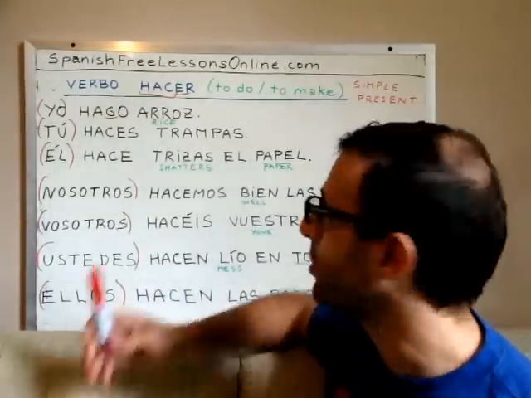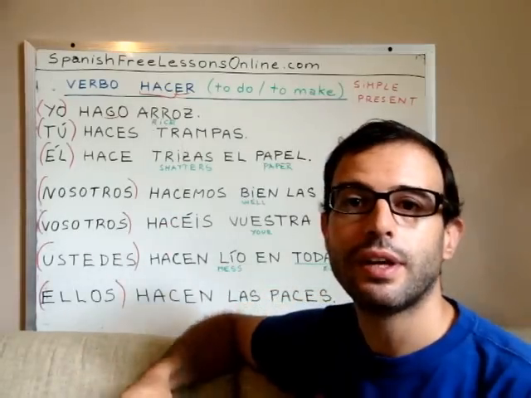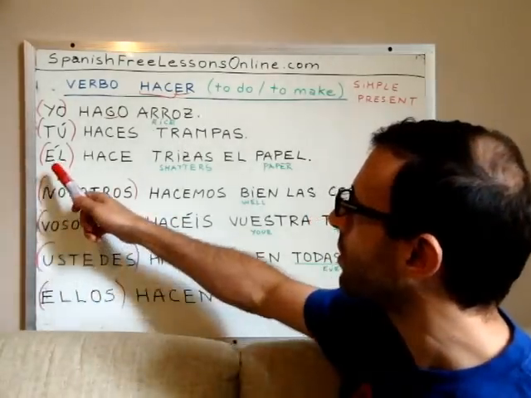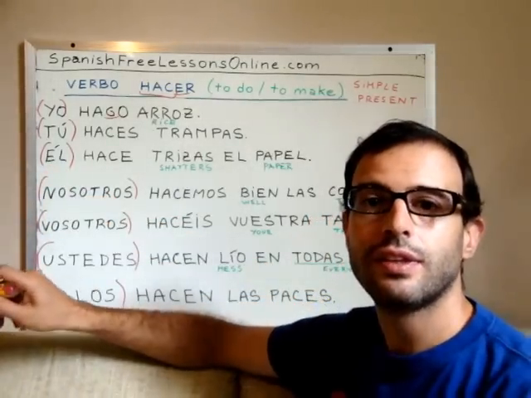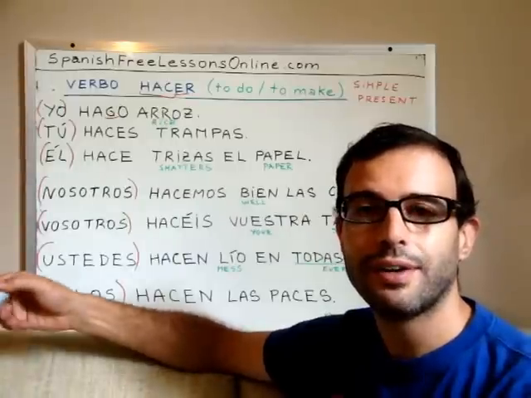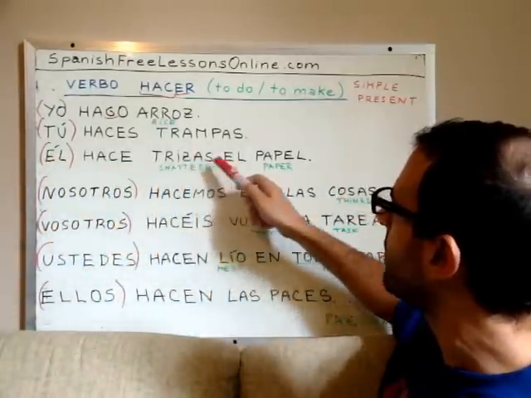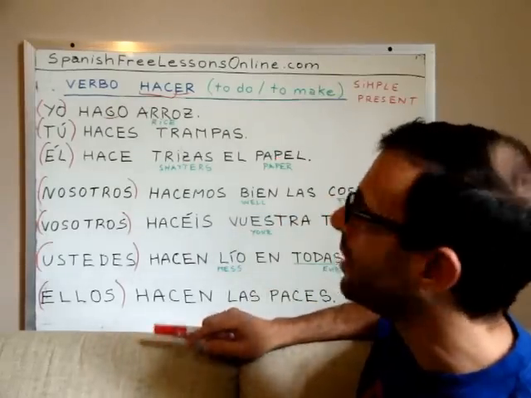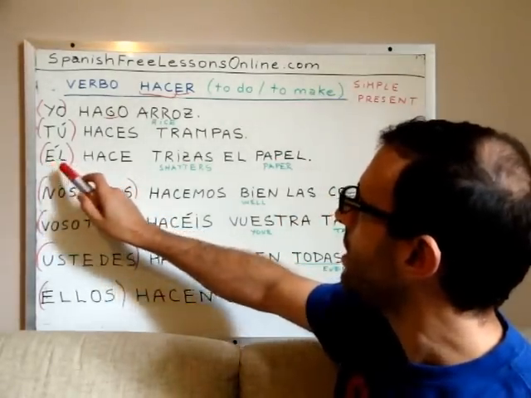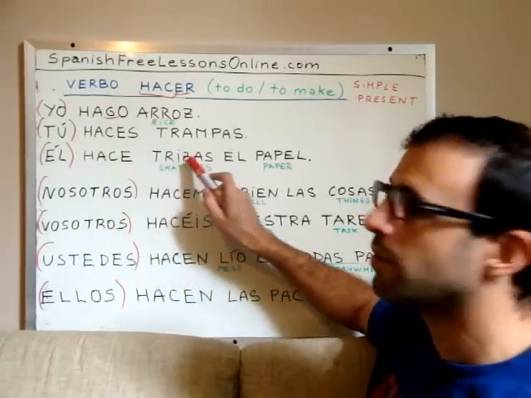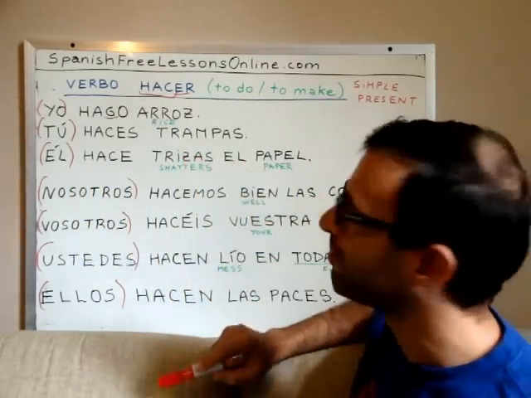If we are talking about the paper, it means to tear the paper. So here we are saying he tears the paper, or he is tearing the paper. Él hace trizas el papel. Literally it would be he shatters the paper.